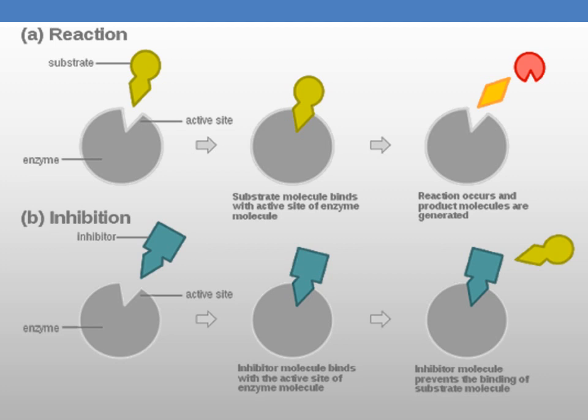This is how the activity of the enzyme is inhibited by the presence of inhibitors. They will block the active sites and the active sites are unavailable for the substrate molecules. So that is how the reaction is disturbed.